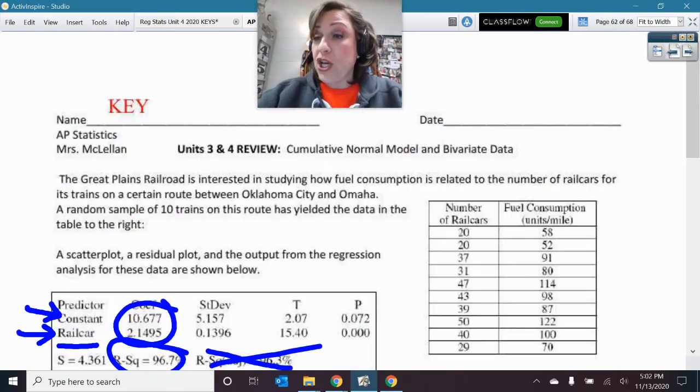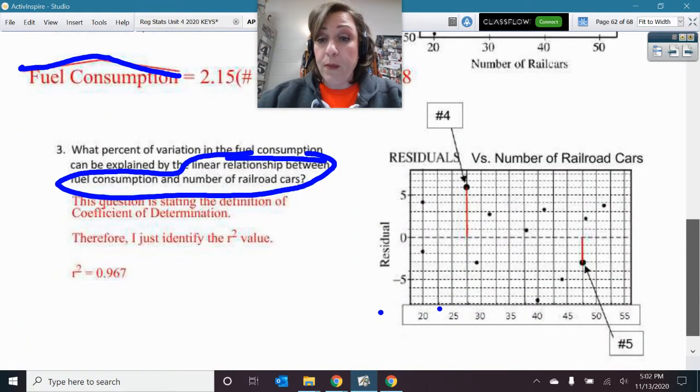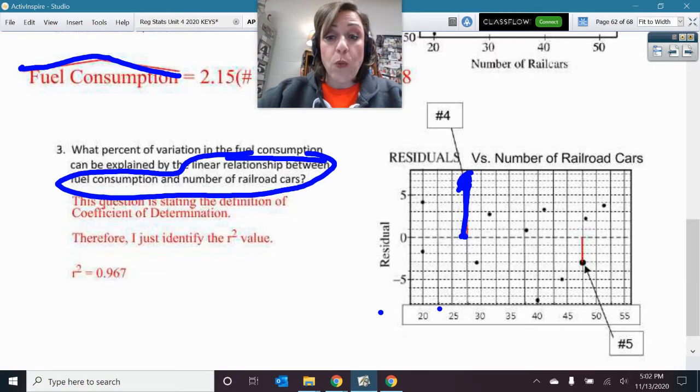Here's something important. You had to come right here and see this is what was predicted. So this is the residual to what actually happened. What actually happened was 6 above what was predicted to happen for 27 and a half railroad cars. And that's how you would interpret that residual.